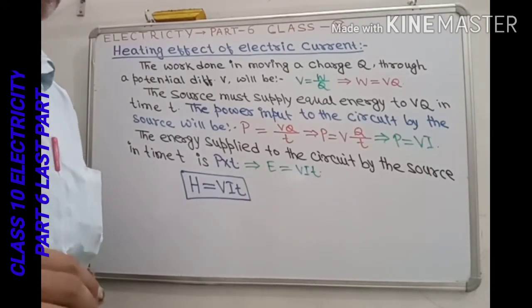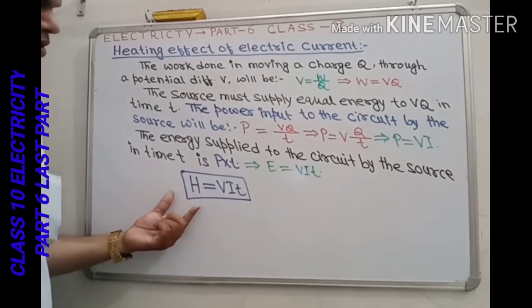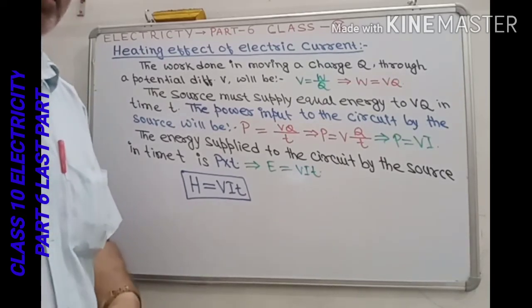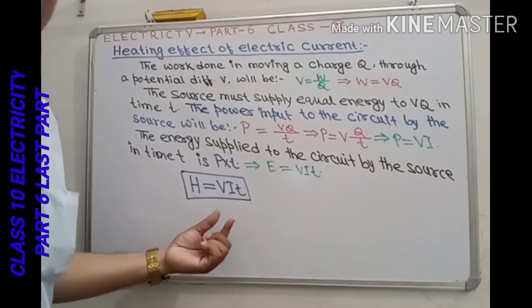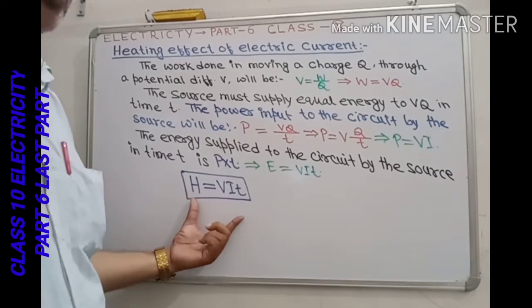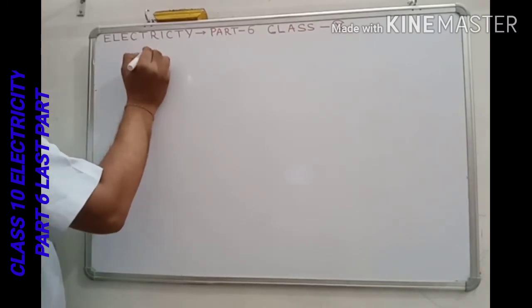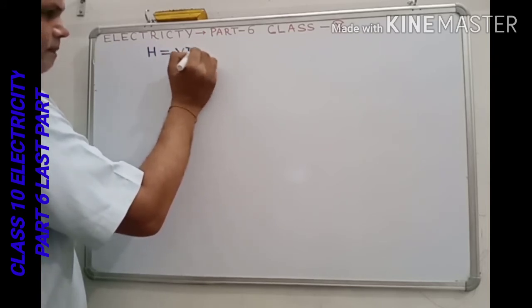What he said is that the heat energy produced in any appliance is directly proportional to the square of the current flowing through the conductor, directly proportional to the potential difference, and directly proportional to the time for which the current is flowing in the conductor. Now the heat energy was VIT.